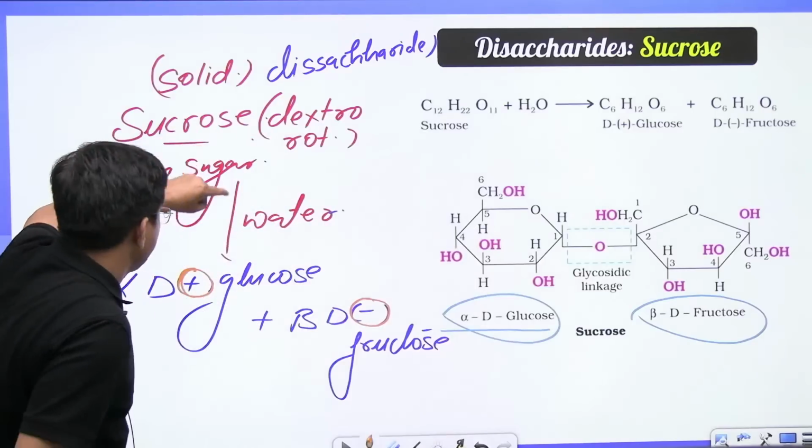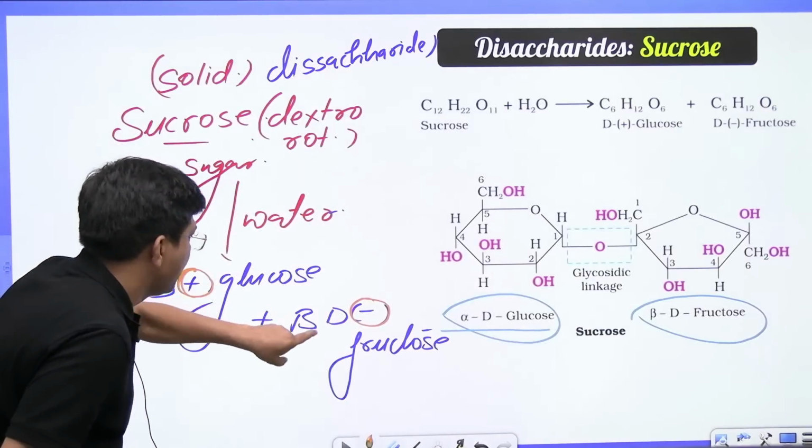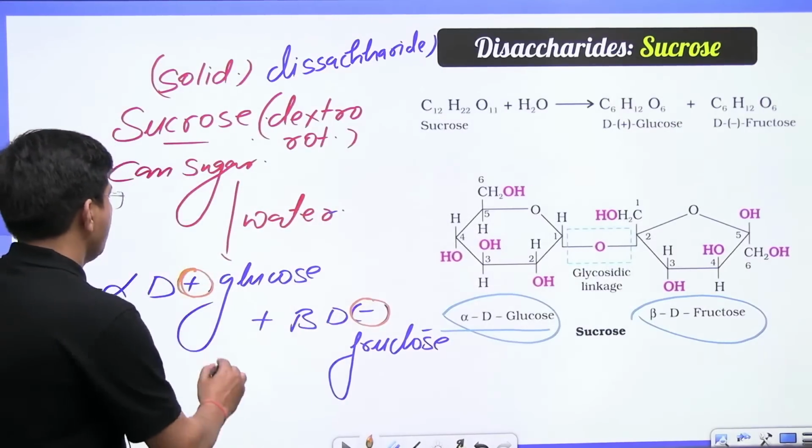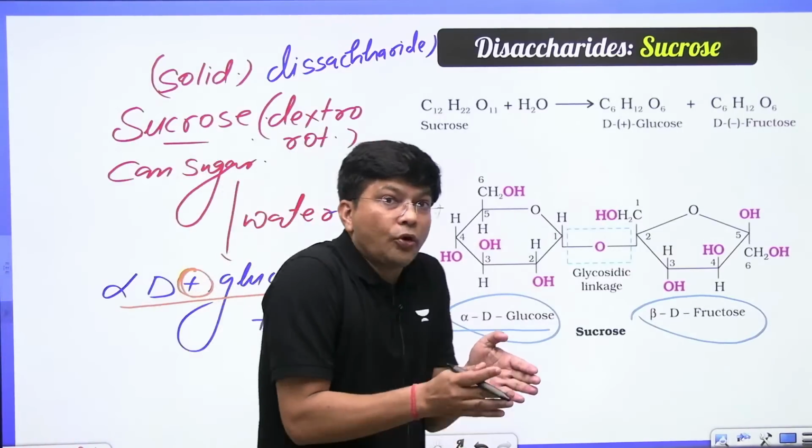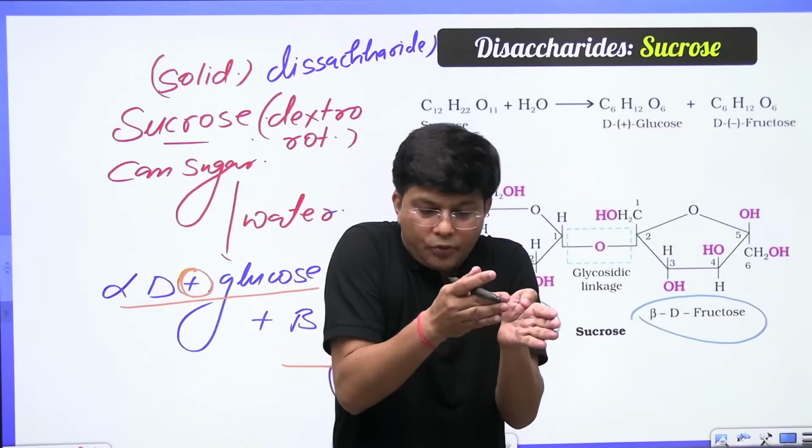So this is giving 1 mole of glucose and 1 mole of fructose. Glucose, being dextrorotatory, will rotate the compound.